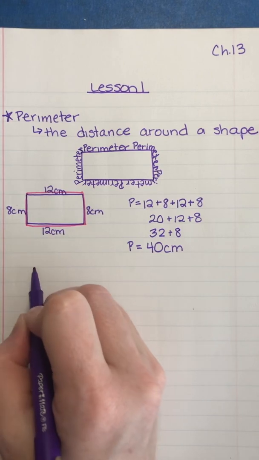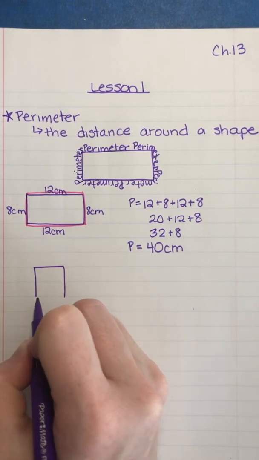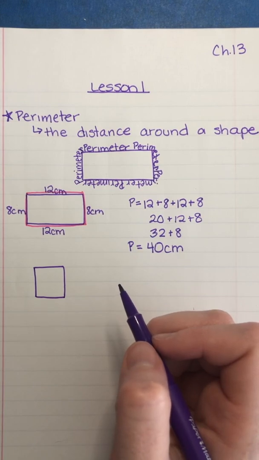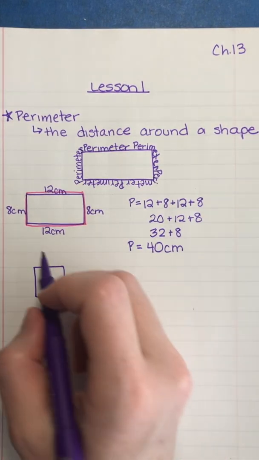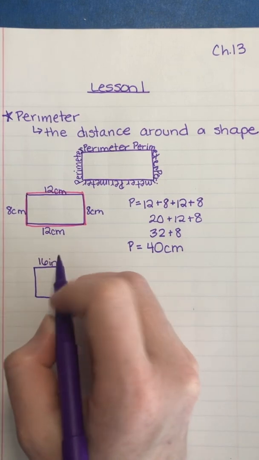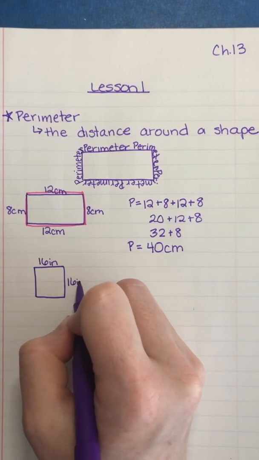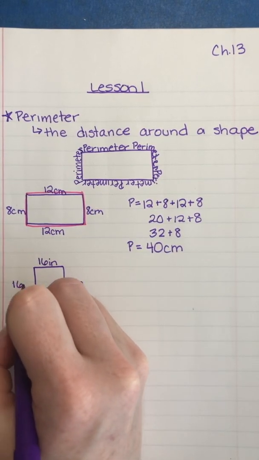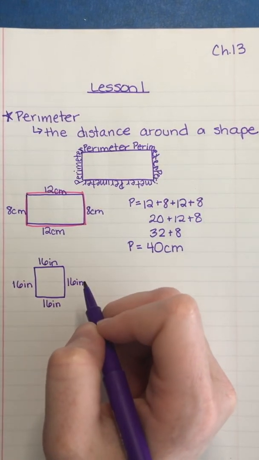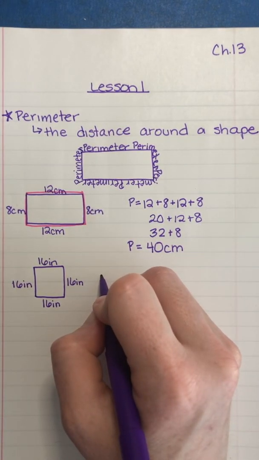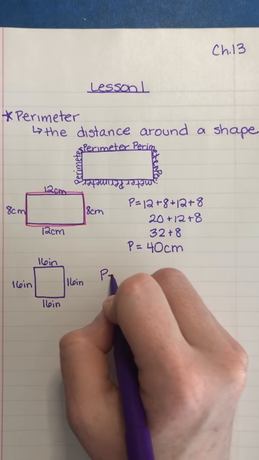Draw for me as best you can a square. And we know in a square, all the sides are exactly the same. So let's say we've got 16 inches. So that means every side in the square is going to be 16 inches. Okay, so we said from the beginning, perimeter is adding up all the sides.